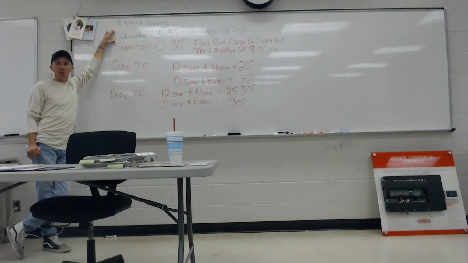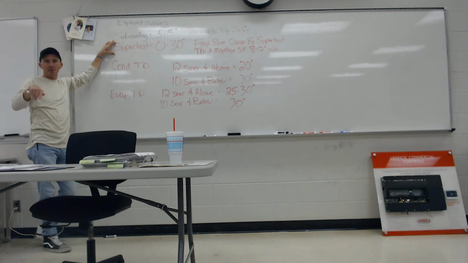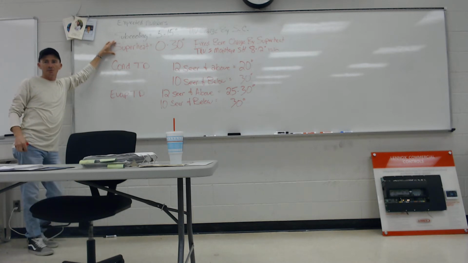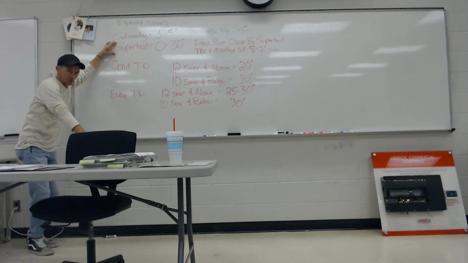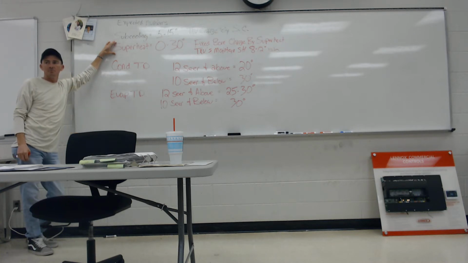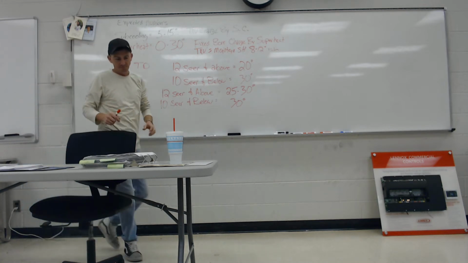High subcooling is flooded, because subcooling is heat removed from a liquid, so you have lots of liquid. But superheat is reverse acting, it's backwards. Superheat is heat added to a vapor, so if you have high superheat, you have low liquid, starved evaporator. Make sense?